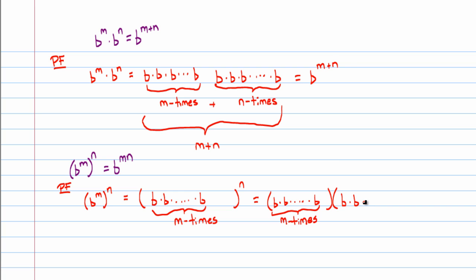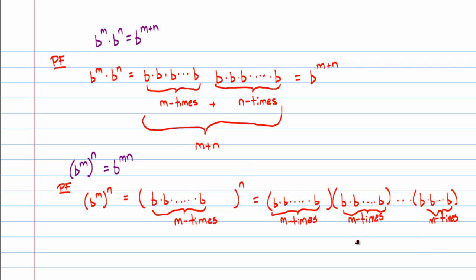b times dot dot dot times b. And again, there happens to be m of those in there. And we keep doing this. Dot dot dot. The question is, how many groups of these groups do we have?